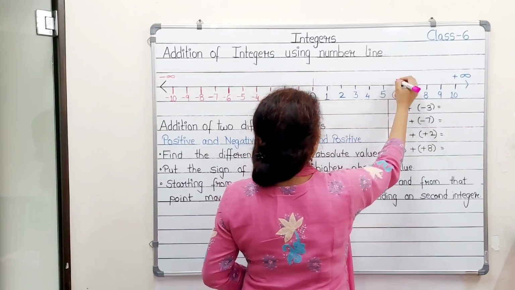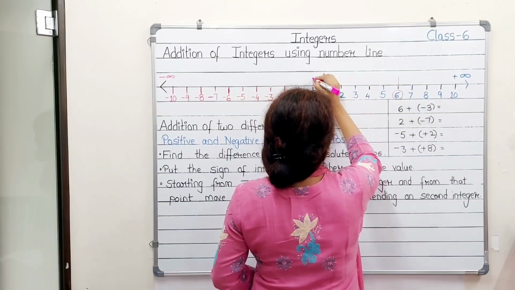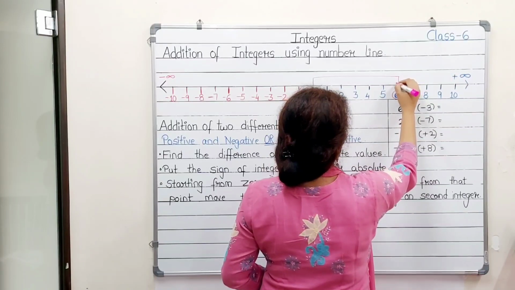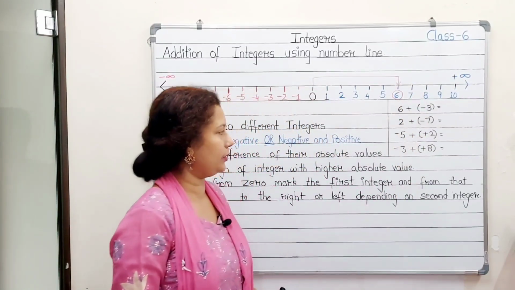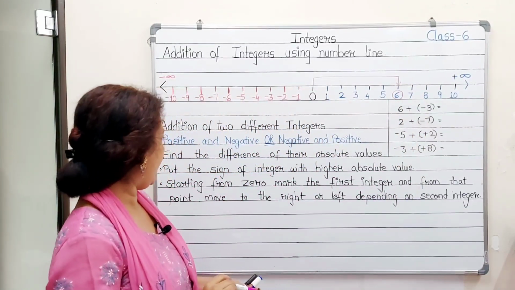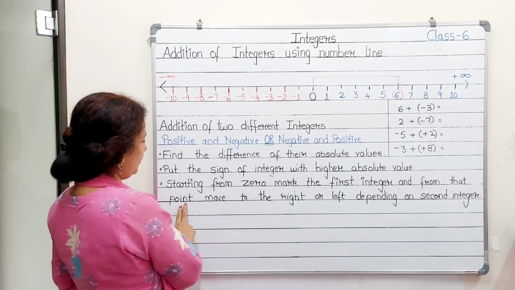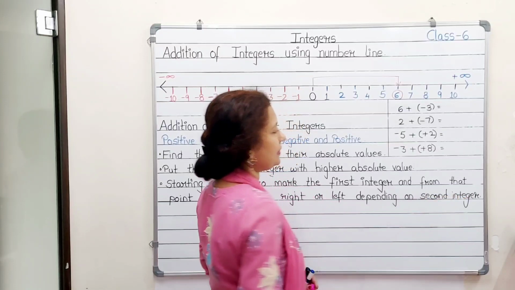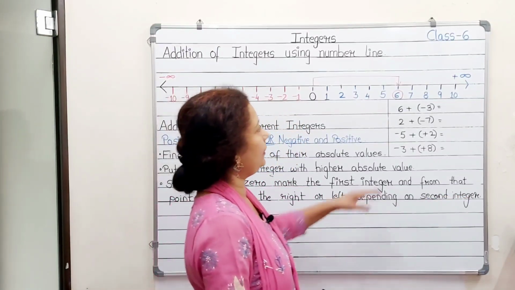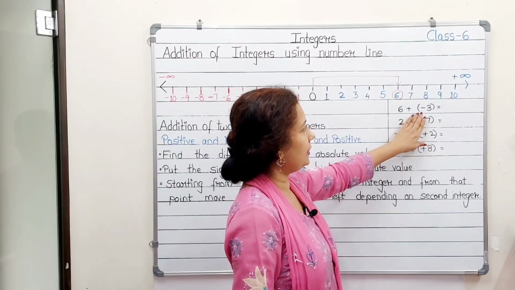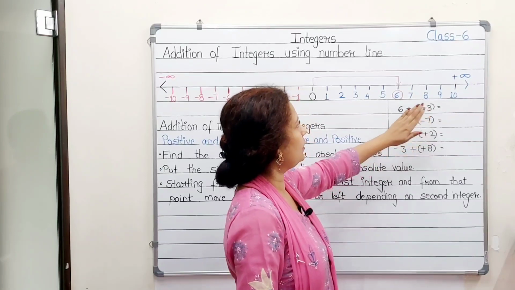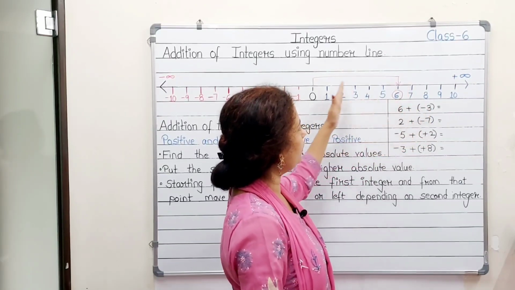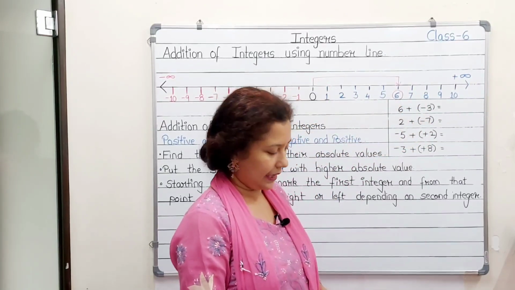From that point move to the right or left depending on the second integer. Here the second integer is negative, so for negative we will move to the left hand side.